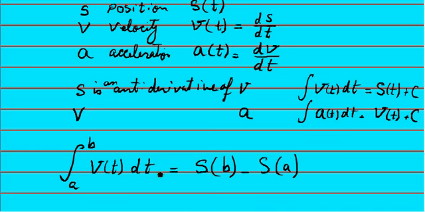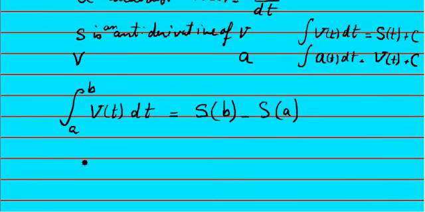V is the rate of change of position. If I have a rate of change and calculate its definite integral, what I get is the net change. Net change in the position of the object in this example is the position at the end time minus the position at the beginning time. Here's another example. If I have acceleration, now I can't use the letter A anymore.